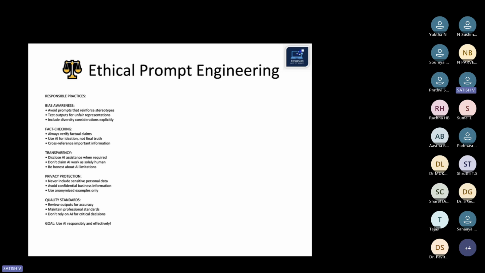Also, this is very important, we need to consider ethical prompting as a prompt engineer. So what are the responsible practices? We should be properly using this AI for our benefit. You should not ask for some evil purpose. So fact checking, you can use AI for that.